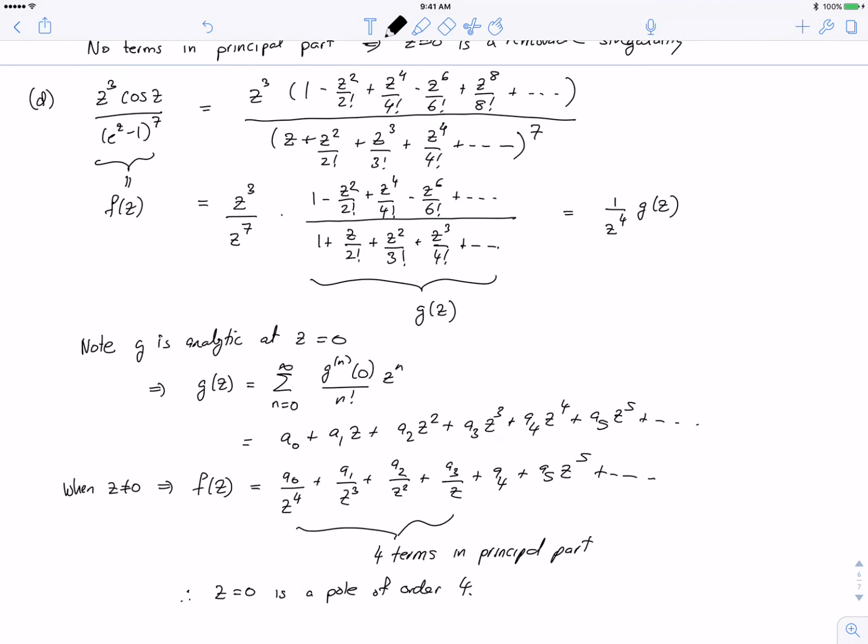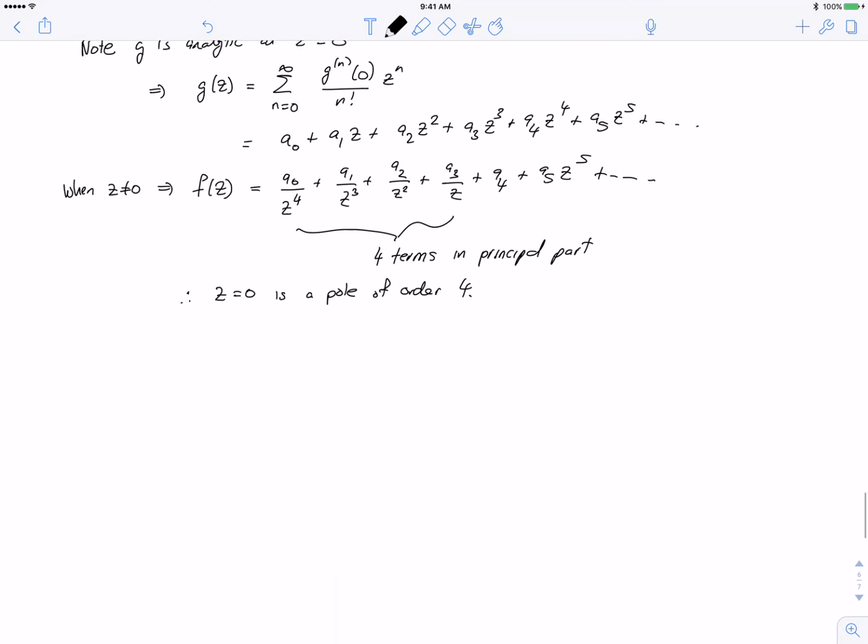And that's how you would classify a singularity in that case. Okay, but there are other ways, and often the ways I'm about to show you are quicker, that you can use in classifying the type of isolated singularity, because sometimes finding the Laurent series can be difficult, and so I'll show you these shortcuts.